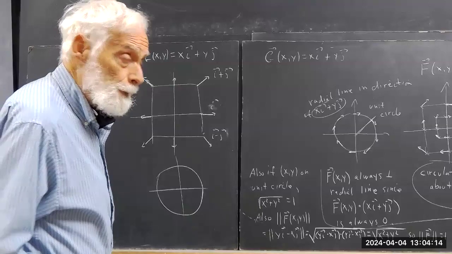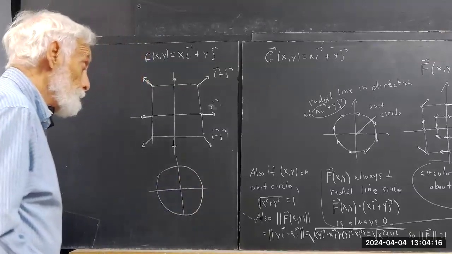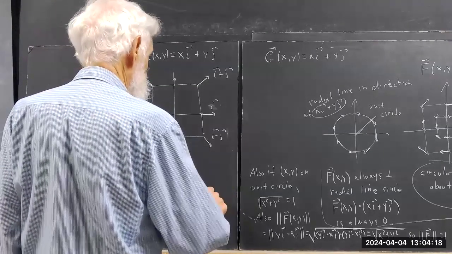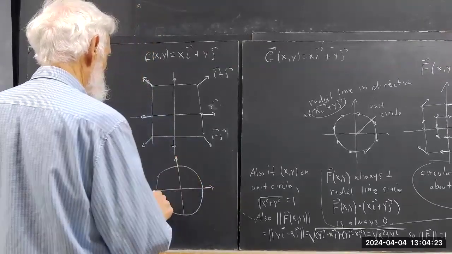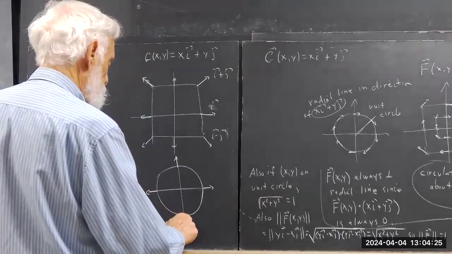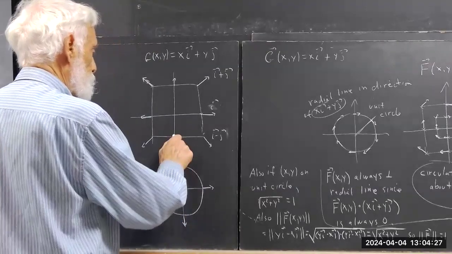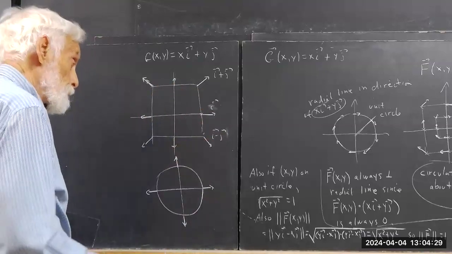You get the idea. Now, if you do this on the unit circle, it's going to be the same here, here, here, and here, as opposed to here, here, here, and here, because they're the same points.